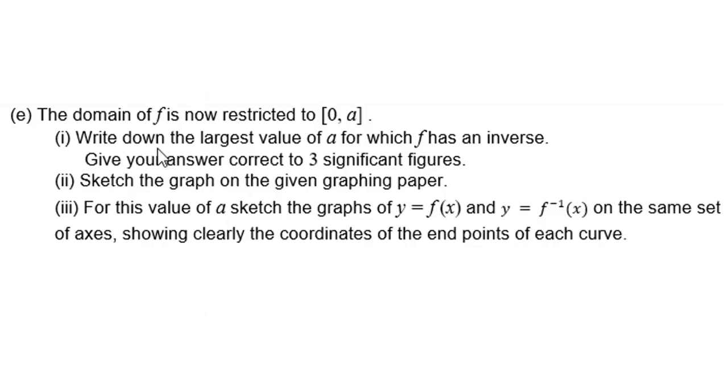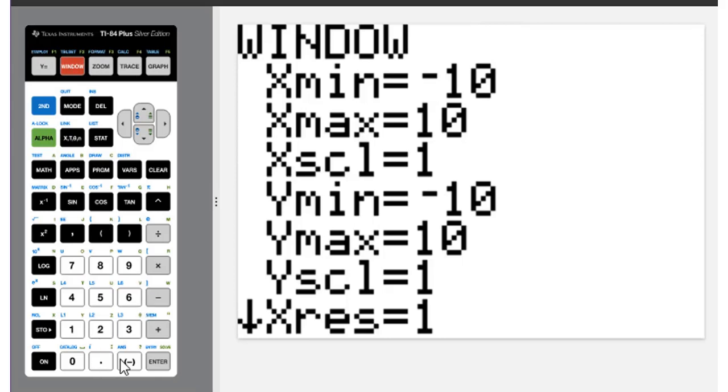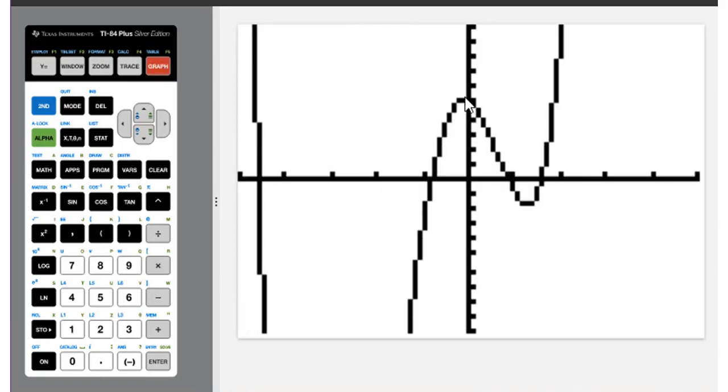Let's go to E. The domain of f is now restricted to 0, a. Write down the largest value of a for which f has an inverse. As we know, only a one-to-one function has an inverse function. I will make this clear, so change the window into -5 to 5. Then graph again, which means from here to this point will be the restricted domain.